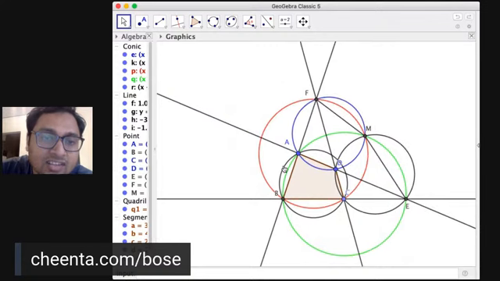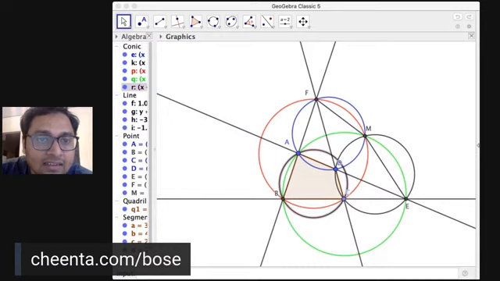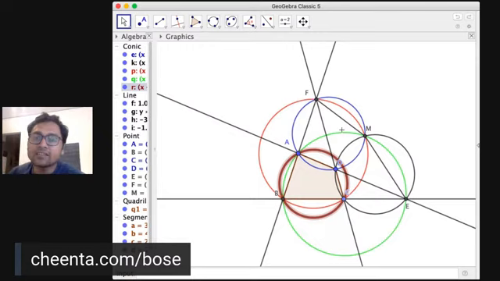Maybe I can just change the color of this circle so that you can see, there's too many circles here. Red, and maybe I can change the line thickness, maybe 11. Okay, now let's see. So you can see the red circle, right?